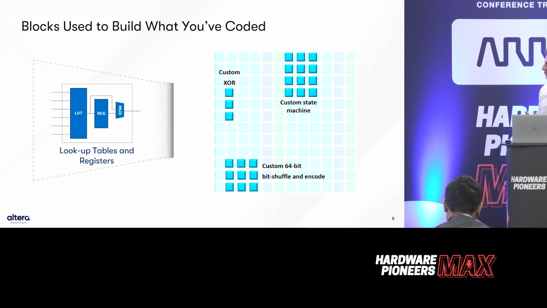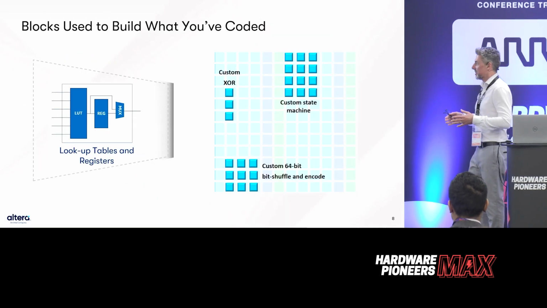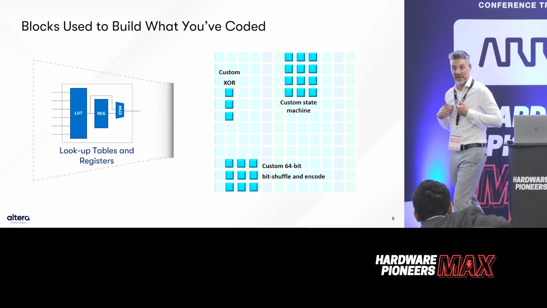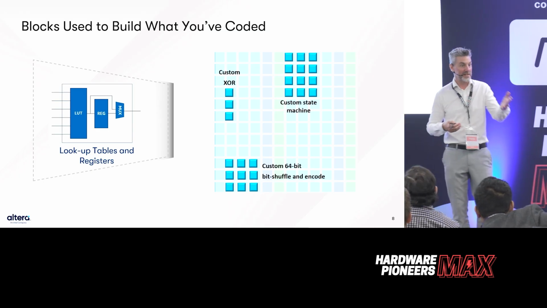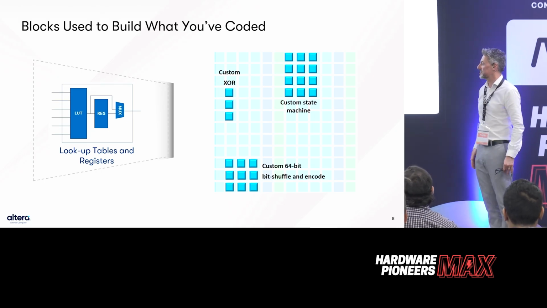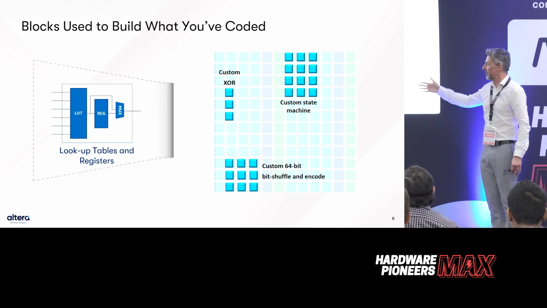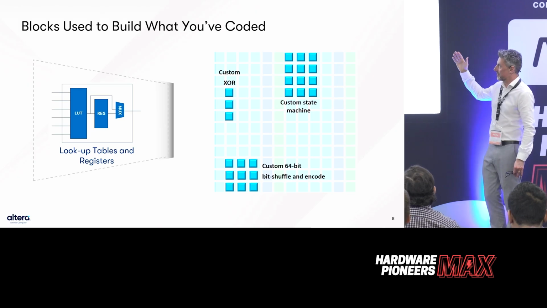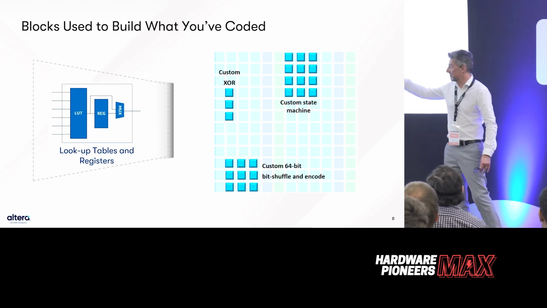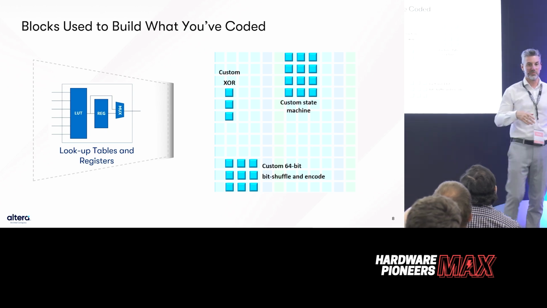So what do these building blocks look like? This is quite generic, and I've kept the first part of the presentation quite generic. So if you look at our FPGAs or our friends at Xilinx or Lattice or Microchip or Efinix or whatever, there's a lot of commonality. There's a lot of differences under the hood, but essentially you start with basically three basic primitives. So the first one is a lookup table, which you can create some sort of Boolean logic function.